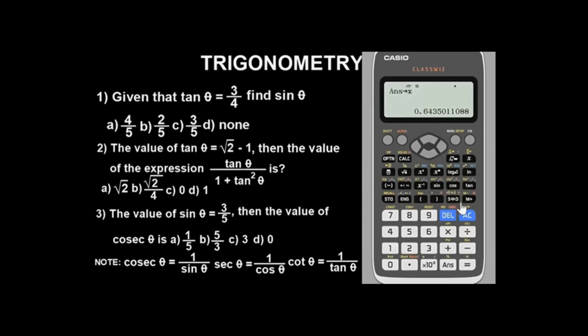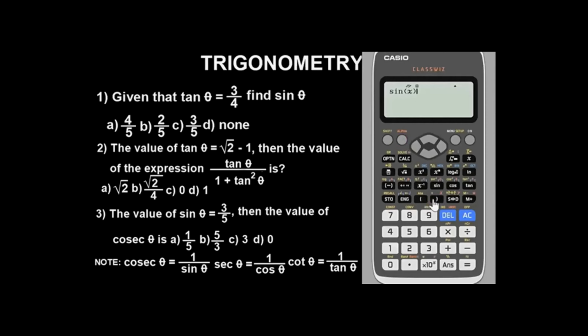Very important, guys. Once you have stored this, now we have to find sin theta. To find sin theta, very simple. Just press sin, and remember theta is represented with x, because that's how we're going to represent theta in this calculator. So to enter theta, which is replaced with x, press alpha x.